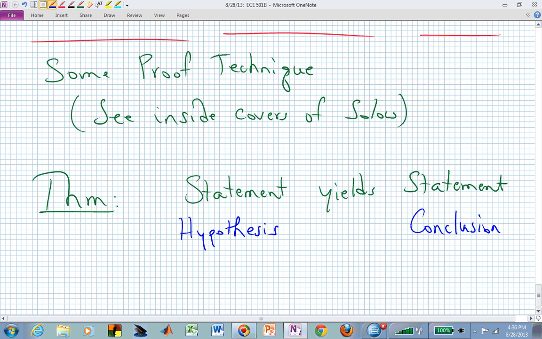But if we've proven the theorem, now if we can simply say, oh, this hypothesis is true, then we know that this conclusion follows.